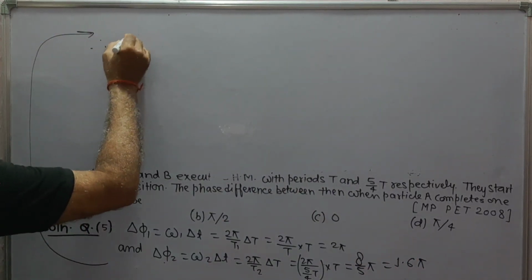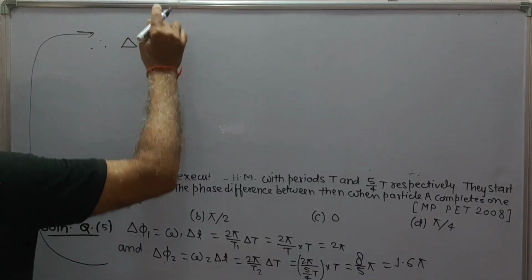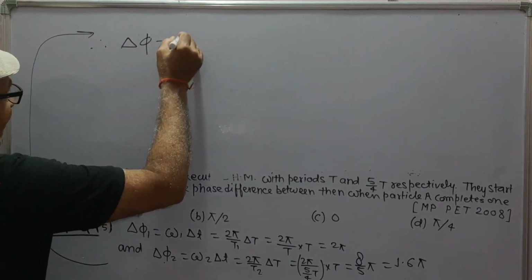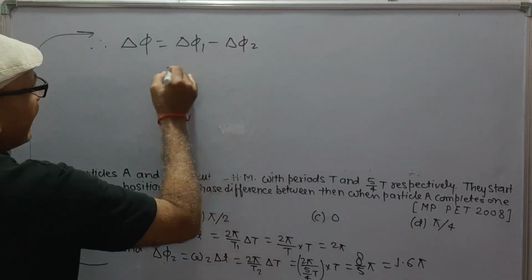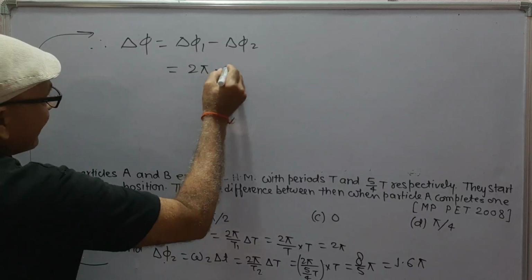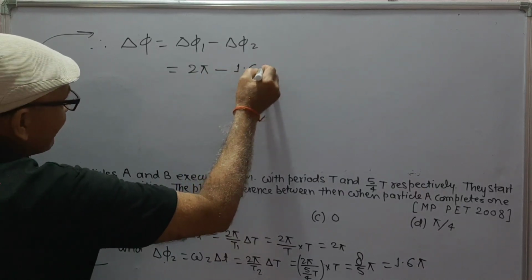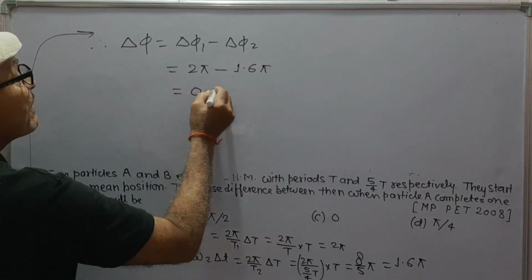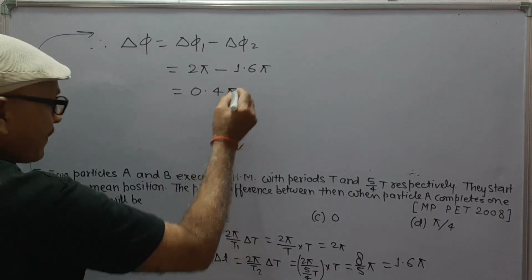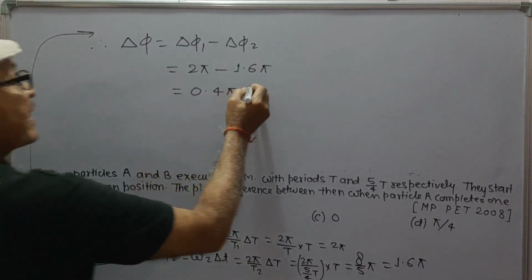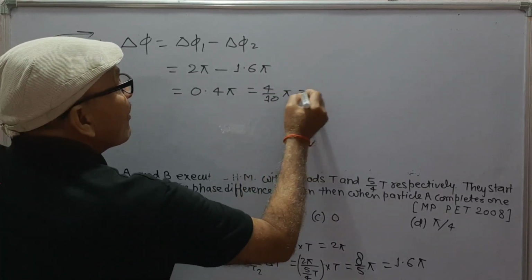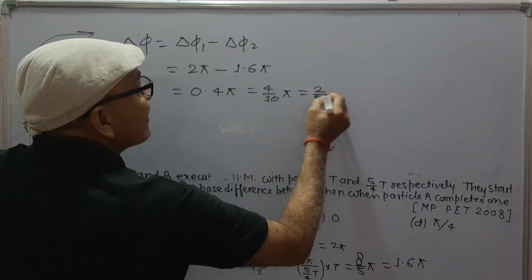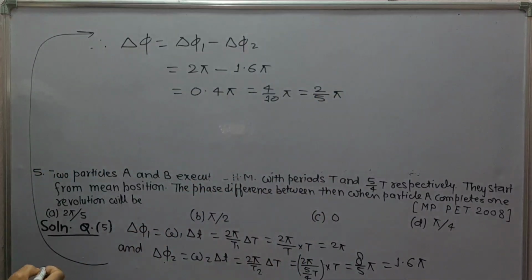Therefore, phase difference between particles A and B will be equal to delta phi is equal to delta phi 1 minus delta phi 2. Delta phi 1 is 2 pi and delta phi 2 is 1.6 pi. So, it comes to be 0.4 pi, which can be written as 4 upon 10 pi, which can be again written as 2 by 5 pi. So, the correct option will be A.